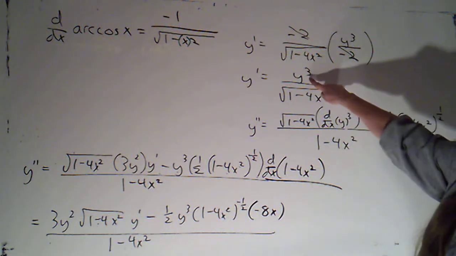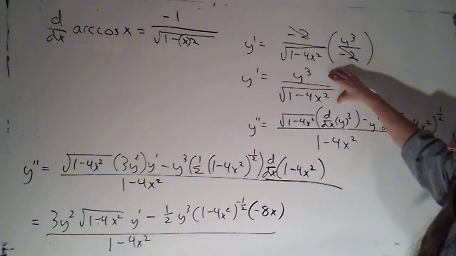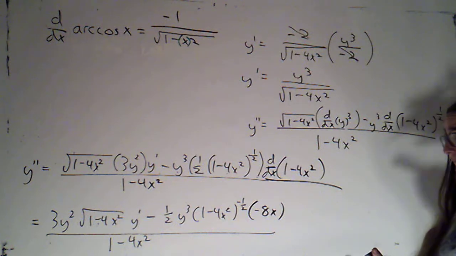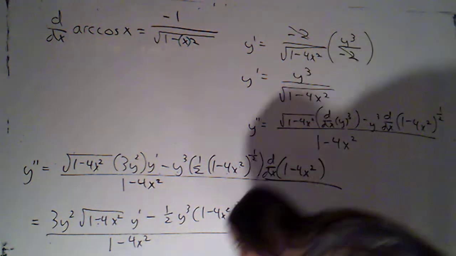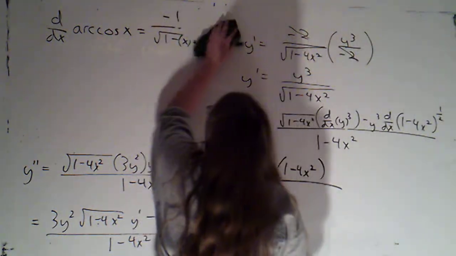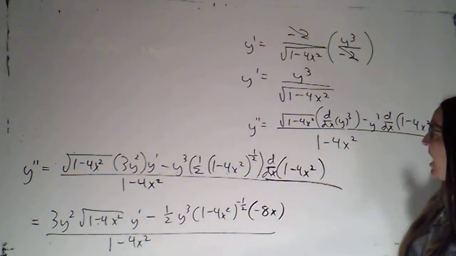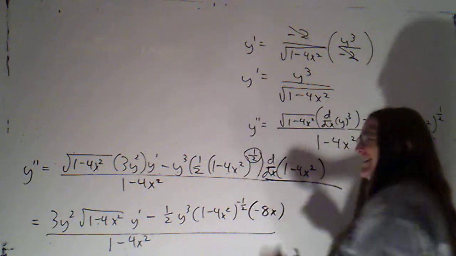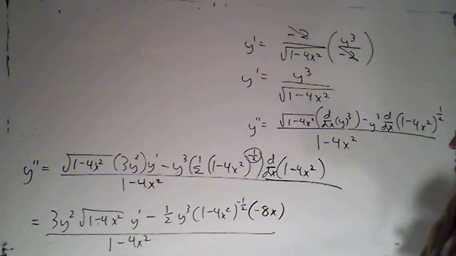Let's check. There was one y here in the original expression for y prime, and I only see y prime appearing once. But when I find the second derivative, I should be able to express it in terms of just x and y without having any y primes. And once again, I want to not have any complex fractions, including this sort of complex fraction in disguise, which is a negative exponent inside of a fraction.